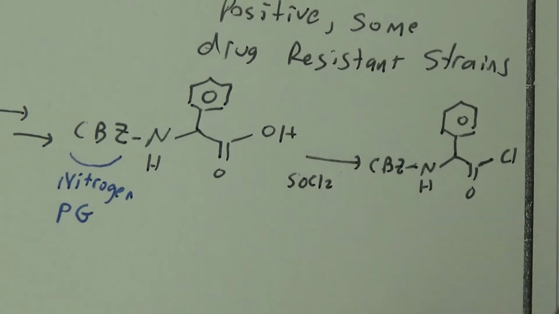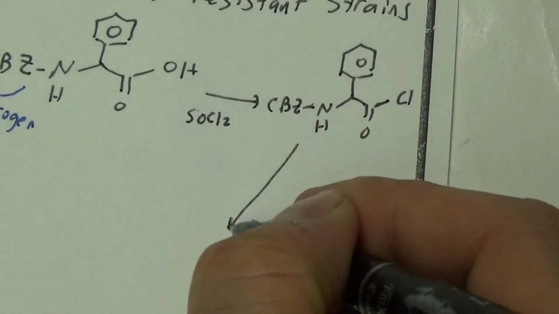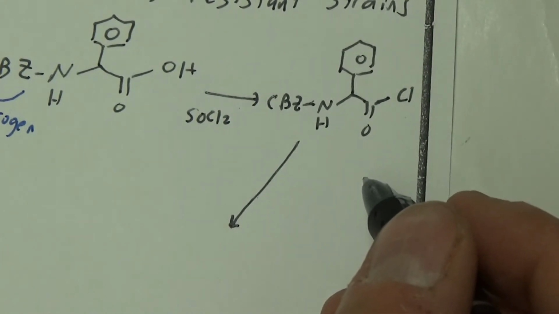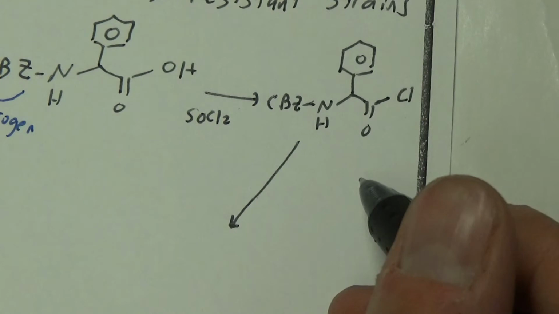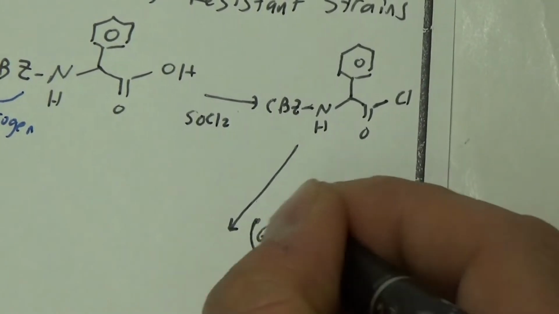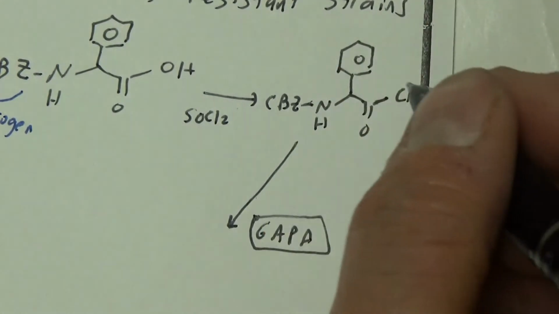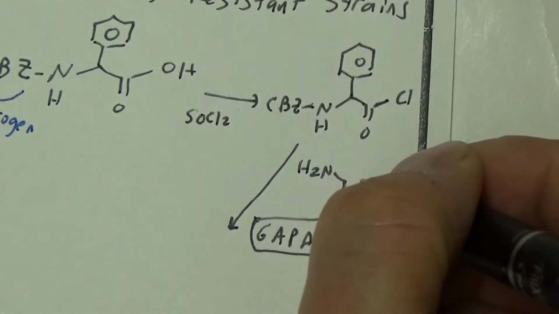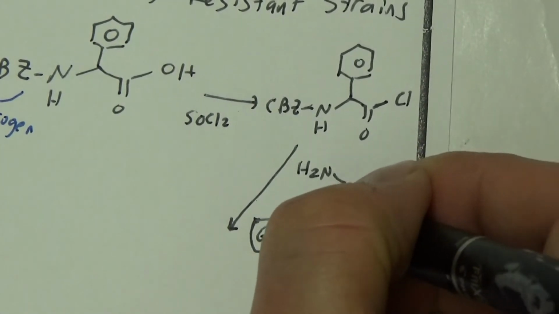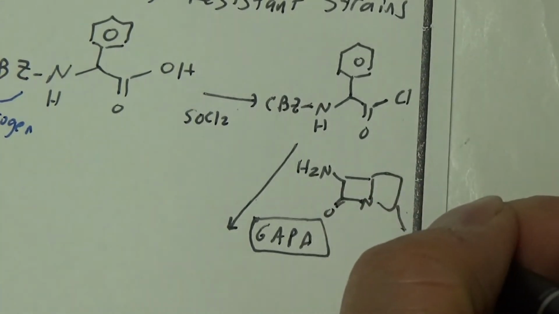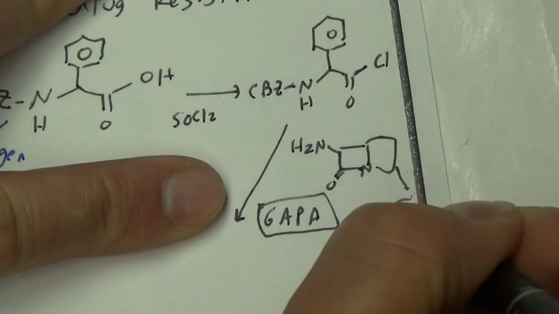Anyway, for penicillin derivatives, do they use 6-APA or 7-ACA? It was 6-APA, which I'll just abbreviate, H2N, nitrogen, and CO2H.